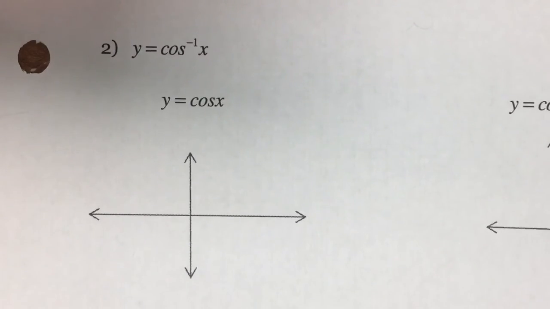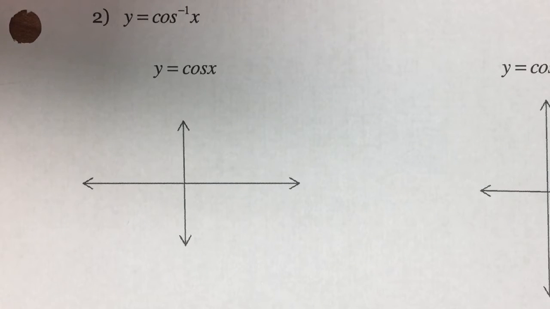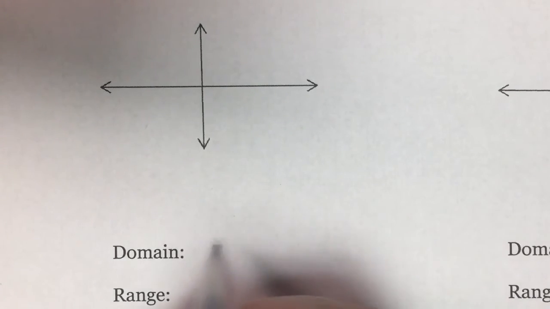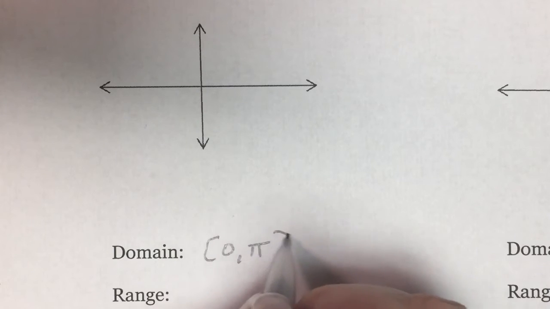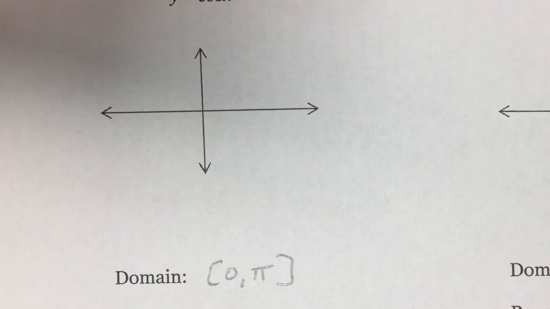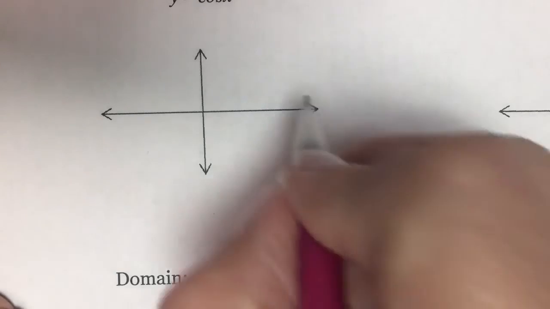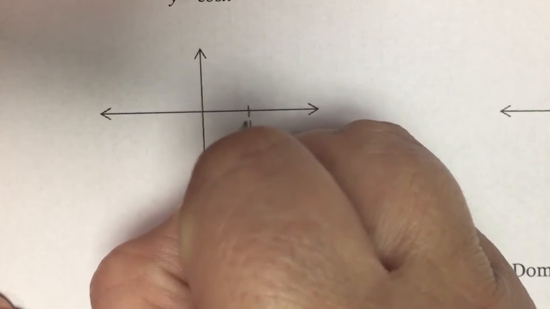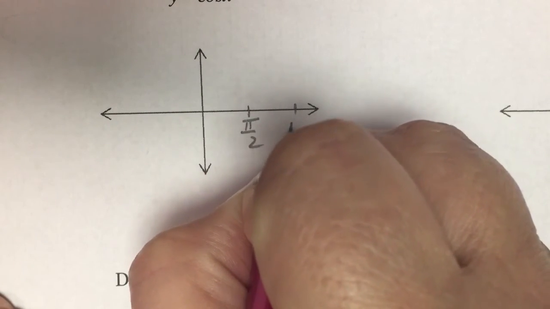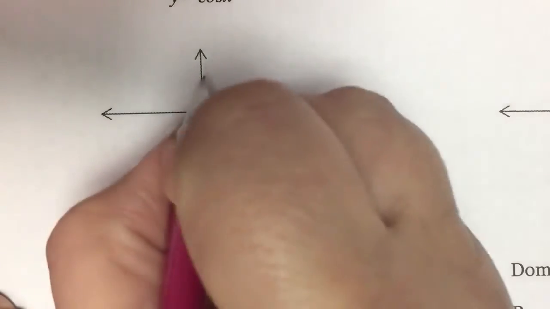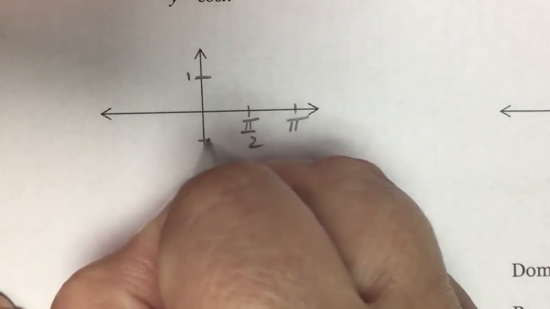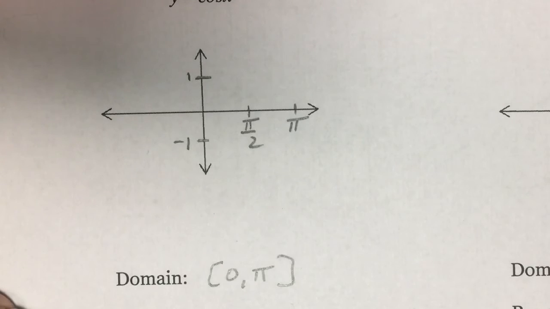Okay, so we're going to do something similar for both cosine and tangent. So for cosine, again, our restricted domain is from 0 to pi. That is a part of the graph that would make it pass both the vertical line test and the horizontal line test. So we're going to put a pi halves here and a pi out here, and of course that's 0. We're still going to go 1 and negative 1.